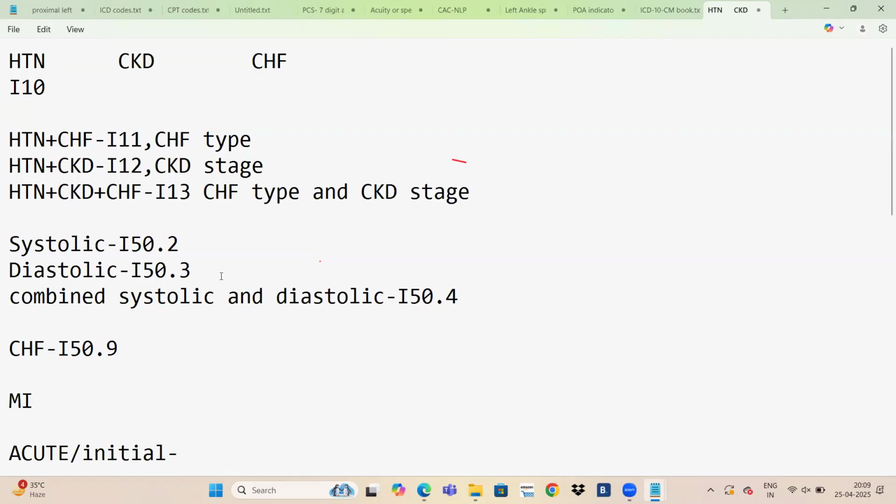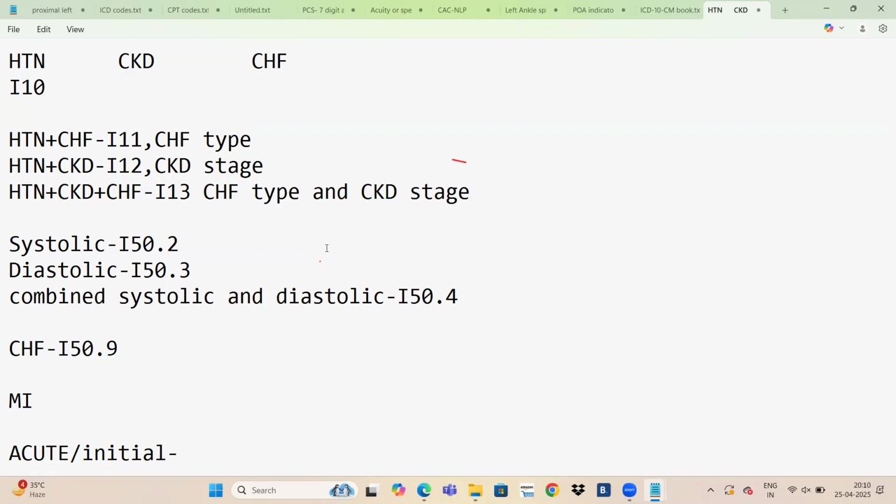Systolic, diastolic, and combined systolic and diastolic are again divided as acute, chronic, acute and chronic. Correct? Acute systolic, chronic systolic, acute and chronic systolic. Same for diastolic, same for combined systolic and diastolic. Again, three types: acute, chronic, acute and chronic.